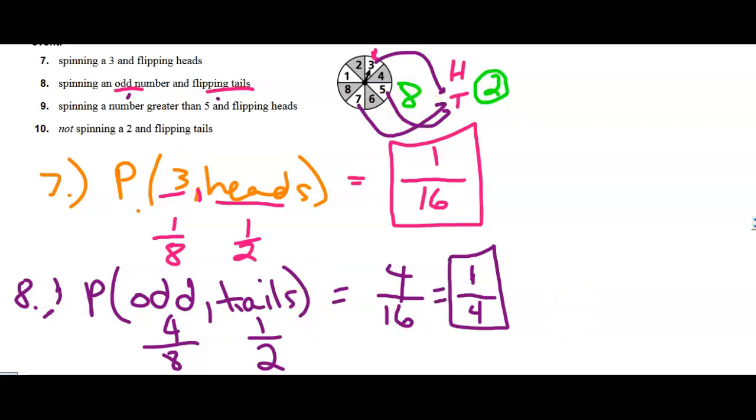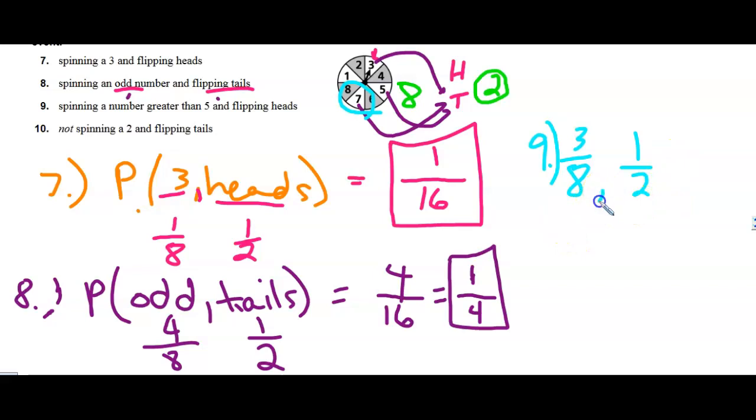Number 9, spinning a number greater than 5 and flipping heads. The numbers greater than 5 here are 6, 7, and 8. That's 3 favorable outcomes in the spinner out of a total of 8. Flipping a heads, again, that probability in itself is 1/2.